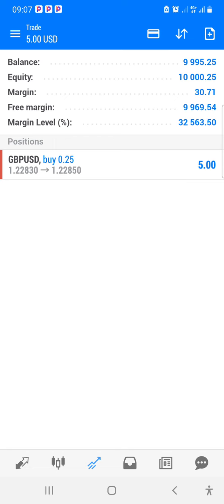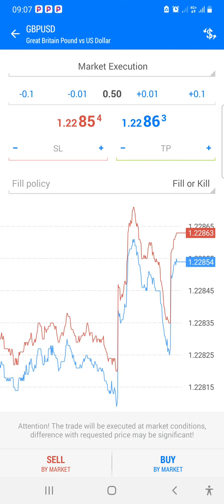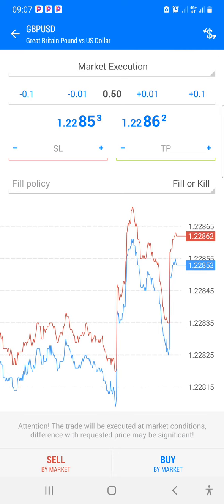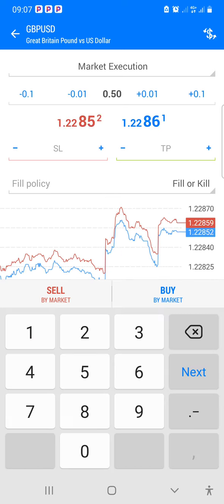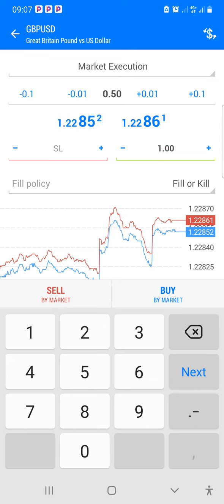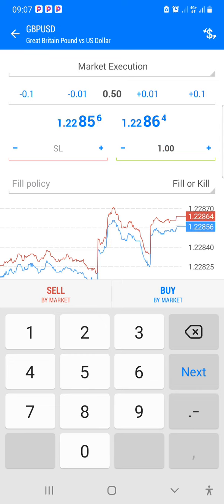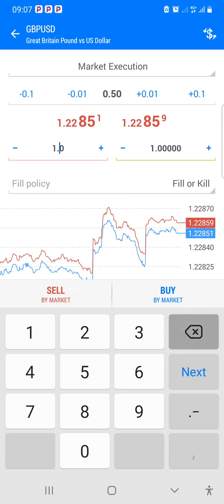Now if it's for a sell scenario, you want to sell at market order, so you just click on sell. It's the same thing, maybe 1.2288. Your SL will be above price, so my SL will be, let's say, 1.2290.